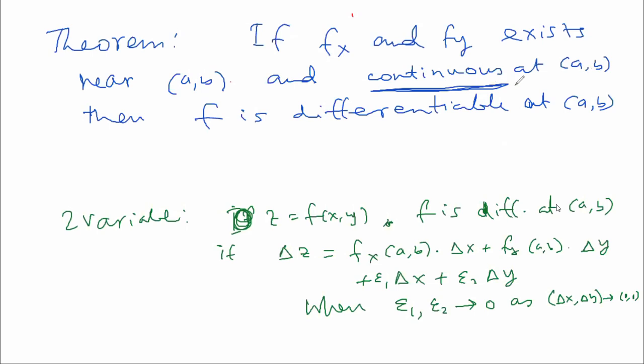So let me give you an example where if it is not differentiable, then things can get really bad. Linear approximation can be really bad. Let me give you an example quickly, because I have 2 minutes. We can continue this next time too.